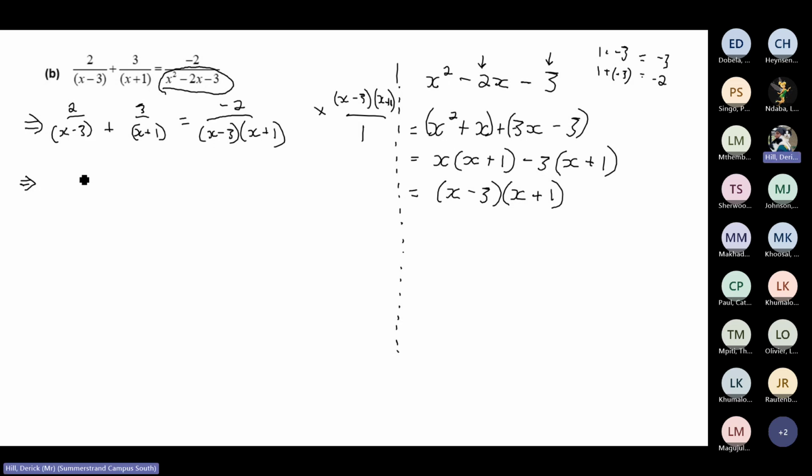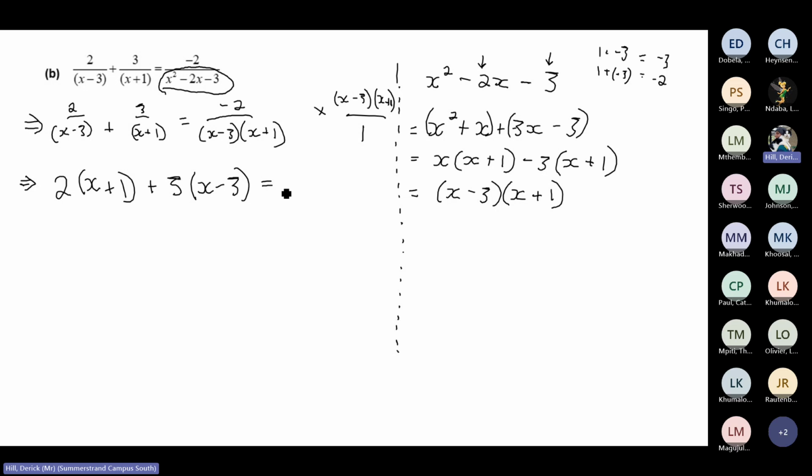So if I have 2 over x minus 3 times x minus 3, x plus 1, the x minus 3's cancel, and I'm left with a 2 times x plus 1. Similarly, when I multiply 3 over x plus 1 times x minus 3 times x plus 1, the x plus 1s are going to cancel, and I'm going to have a 3 times x minus 3.